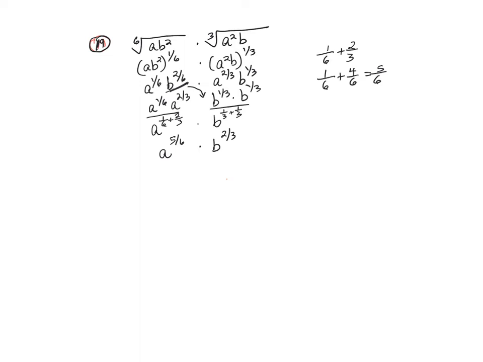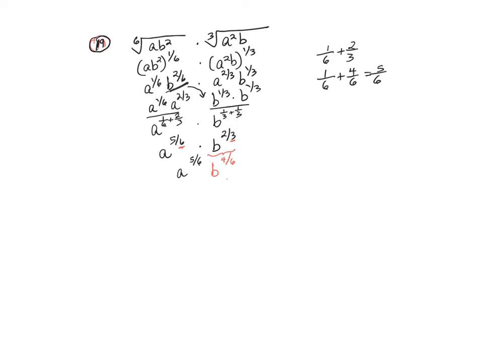And to get a single radical expression, we have to get a common denominator. So we could pull those factors together. So we'll rewrite this one as b to the 4/6. Keep the other one. I believe that is correct.